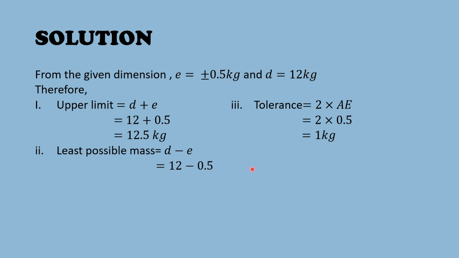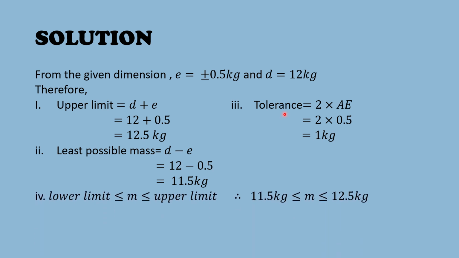So our true value is 12, and to this 12 we are subtracting 0.5, which is going to give us 11.5. Hence, tolerance is simply going to be 2 multiplied by absolute error, which is 2 multiplied by 0.5. Hence, our tolerance is going to give us 1 kg.